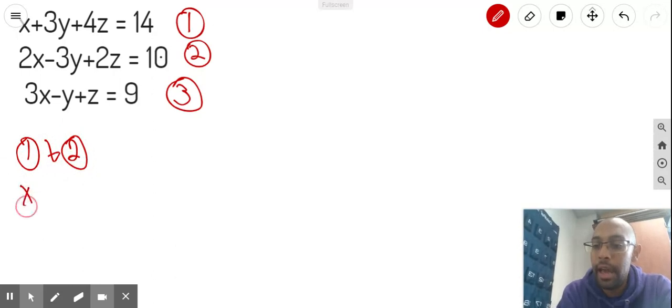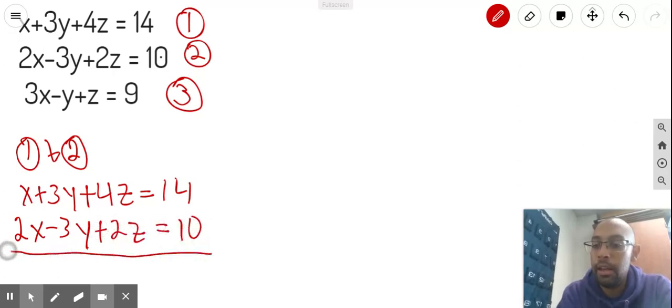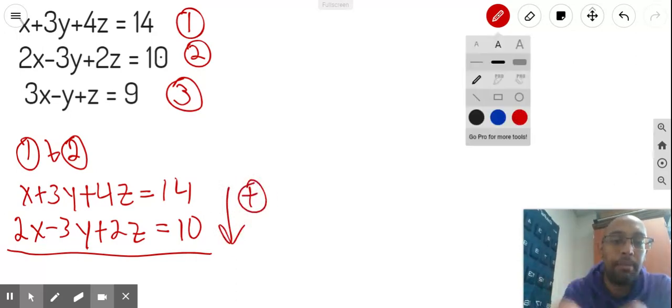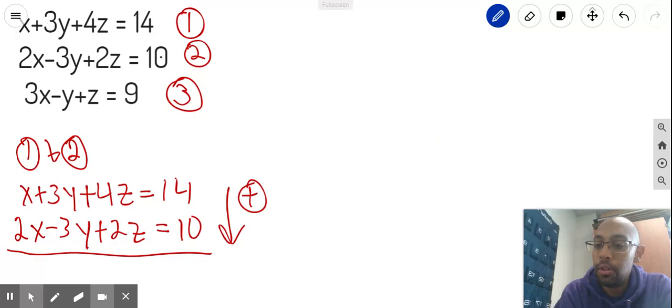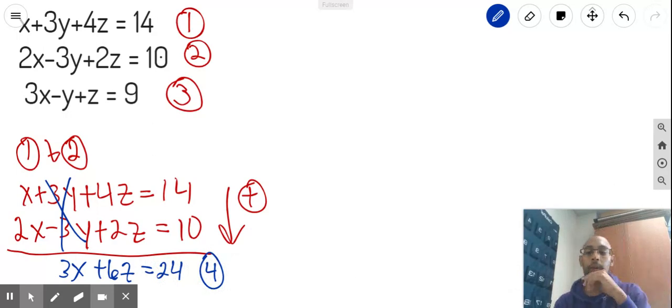So that's going to give me x plus 3y plus 4z equals 14, and 2x minus 3y plus 2z equals 10. And since the y's are automatically going to eliminate, I just need to add top down. So the y's are gone, and I have 3x plus 6z equals 24, and this is my equation 4. So I will hold on to that.